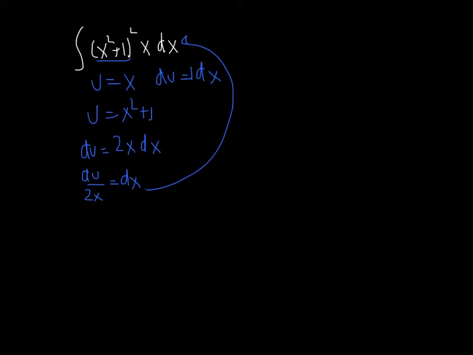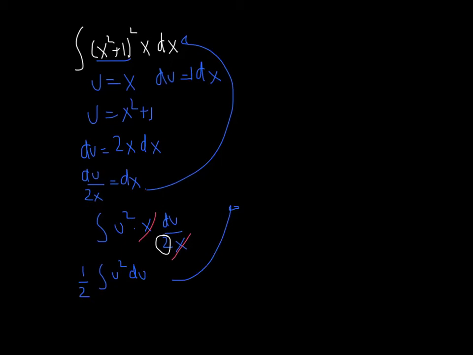So your integral is going to be u squared, because x squared plus 1 is u, times x, and dx we're going to replace with du over 2x. You can see here that the x's are going to cancel. And you also see that you have this 2 there. I'm going to move that outside the integral so that it ends up being 1/2 the integral of u squared du.